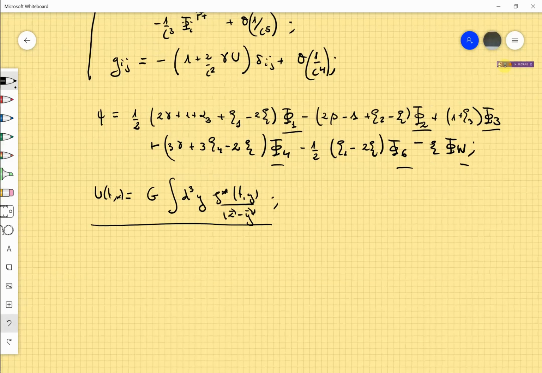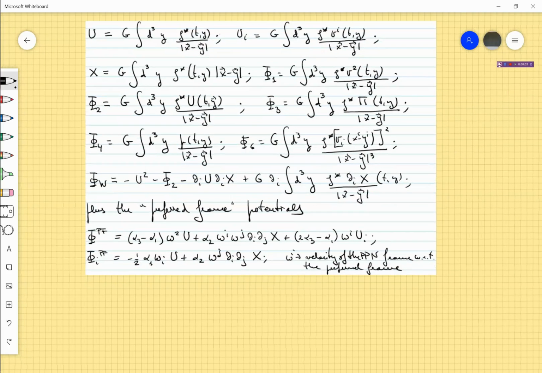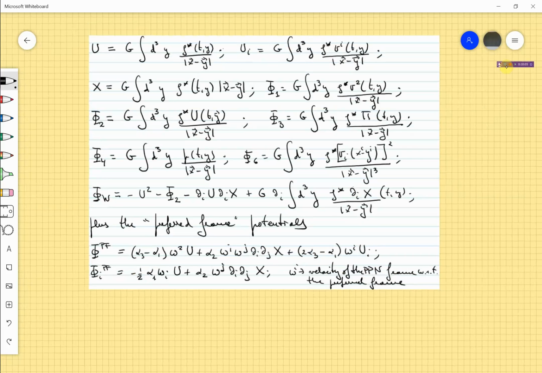The Newtonian potential has to be given by this solution to the Poisson equation. So for the rest, I will just copy the result from the lecture notes where you can find all this. And by the way, this has been taken from Poisson and Will, and you will do well to check it and study that book. Well, here it is, and you see that indeed x is what we called f in the general relativity case.